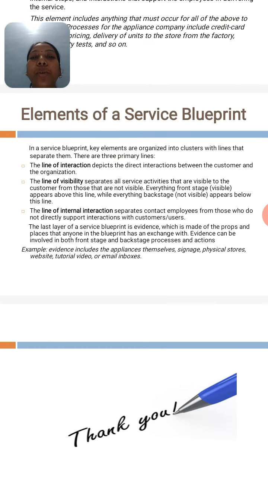In a service blueprint, key elements are organized into clusters with lines that separate them. There are three primary lines. First, the line of interaction depicts the direct interactions between the customer and the organization.